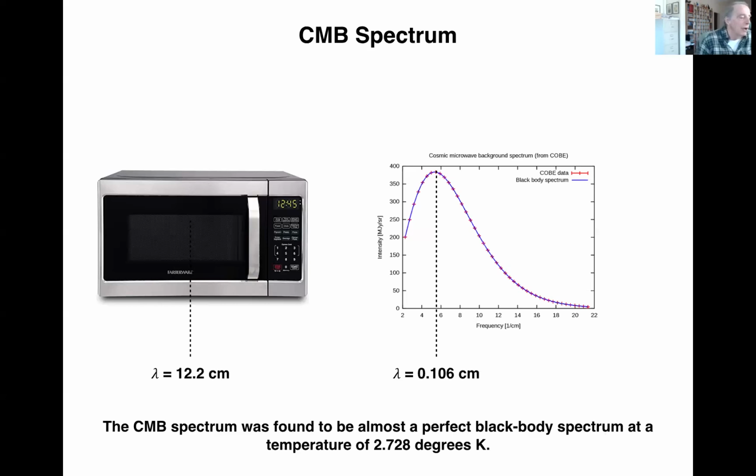And you can fit that spectrum with a black body spectrum characterized by a temperature of 2.728 degrees. Any other temperature doesn't fit the observations. So when you characterize electromagnetic radiation by a temperature, you're talking black body radiation with a spectrum that's characterized by that temperature.